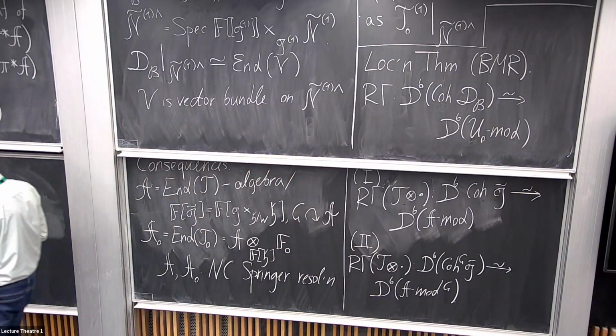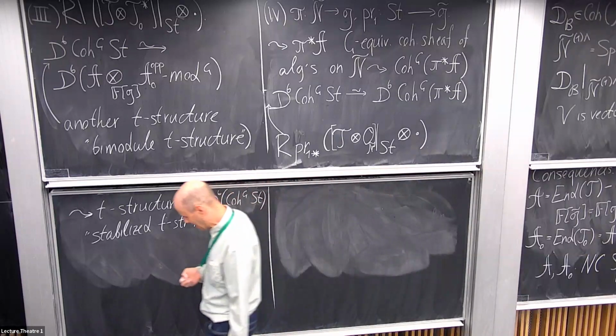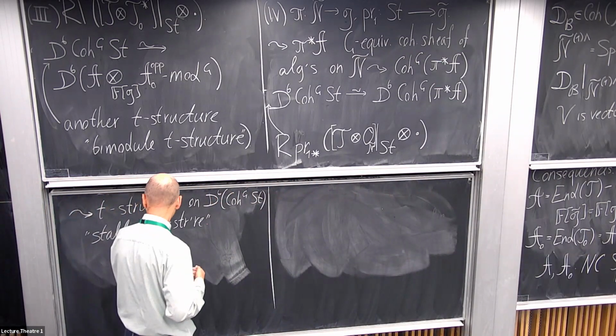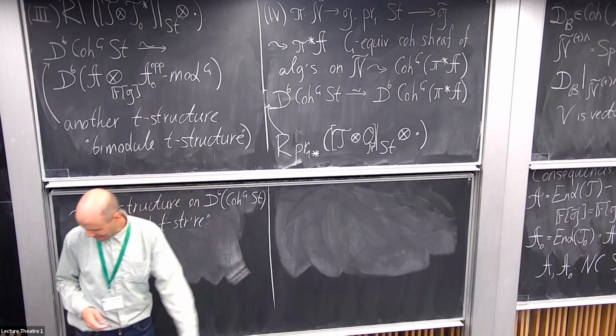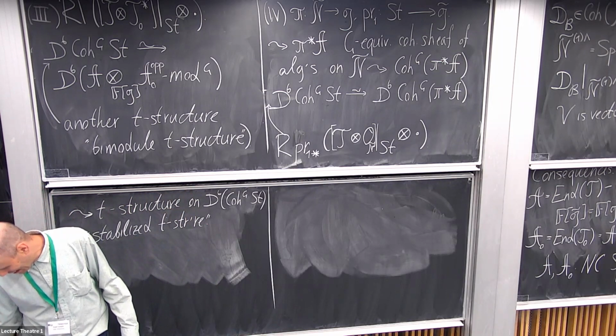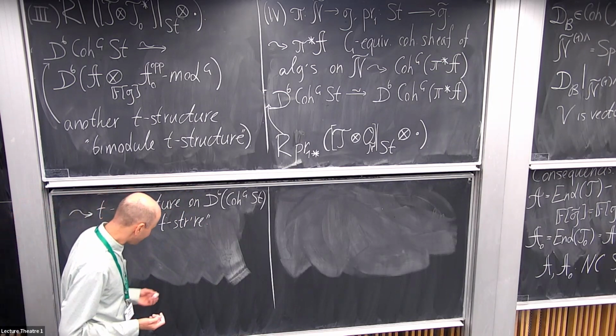It has other names. It has a name of new T structure. It has a name of Frenkel-Gaitzgori T structure. But I prefer to use this. So it's a new name for a new T structure, okay? All right. Other questions?